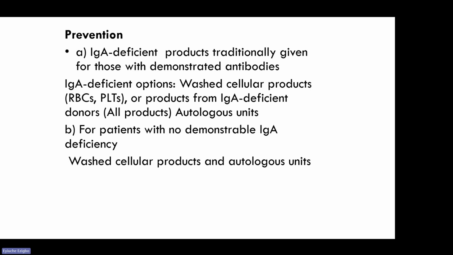IgA-deficient options: washed cellular products or autologous units. So some of these allergic reactions can be handled by washing the product to remove any IgA that can initiate such responses in the recipient.